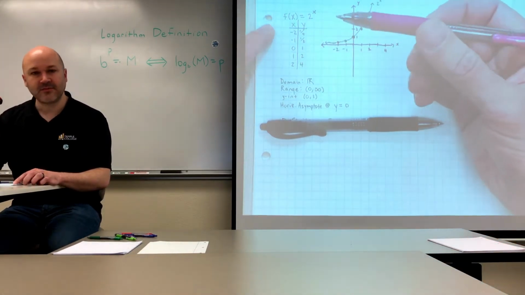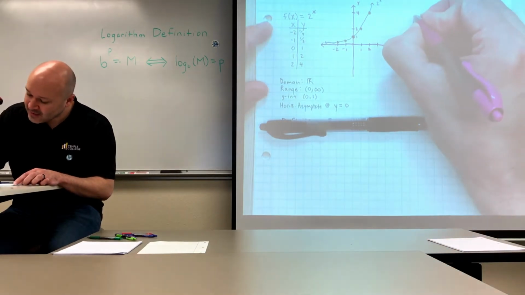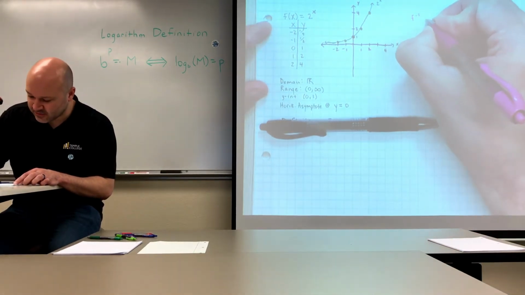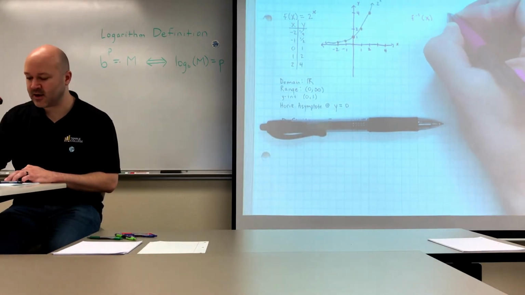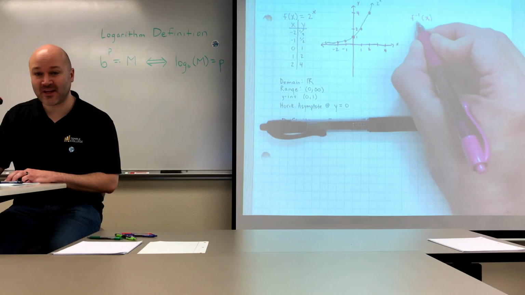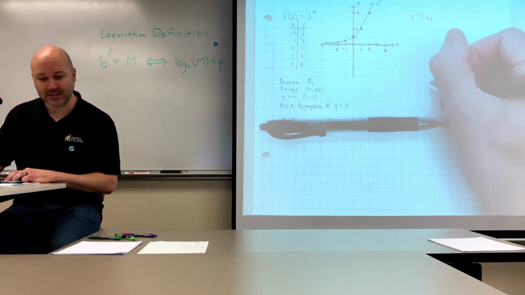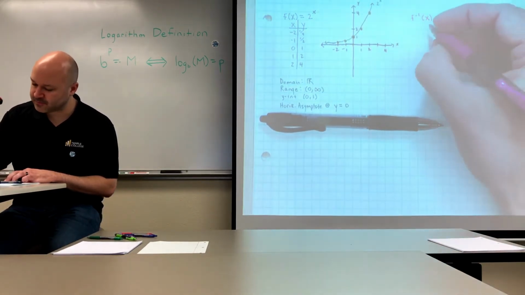So, in a different color over here, I'll call this f inverse of x. I'm not sure what the function is quite yet, but I know there is this inverse function out there, and I'm going to get some points and then plot them on my graph.